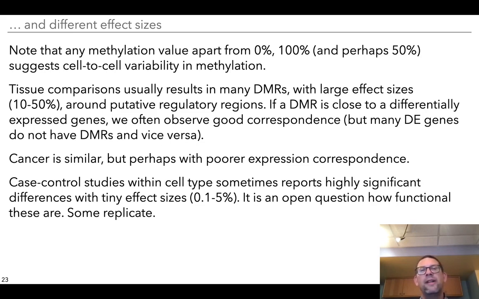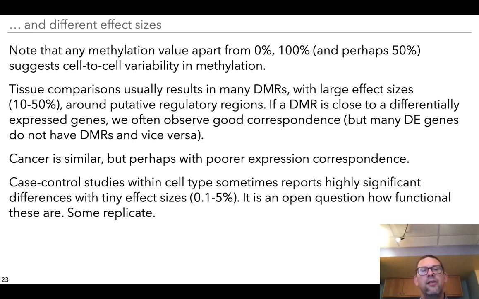Furthermore, we almost never see changes in methylation going from 0 to 100 or from 100 to 0. A methylation change of 50% or so would be considered quite large. It's really rare that it goes from fully methylated to fully unmethylated or vice versa.